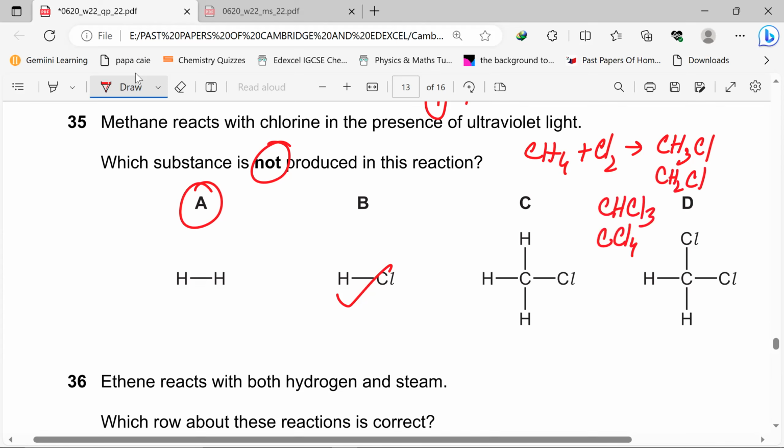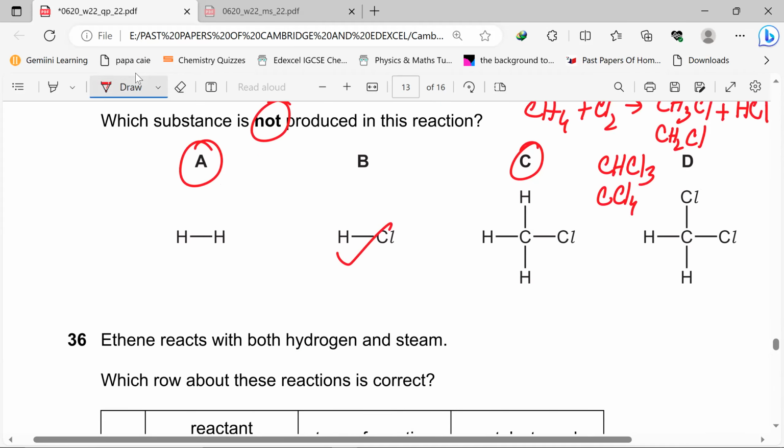All are possible. All the hydrogens can be replaced by chlorine, and with all of this, HCl is produced. So B, C and D can be produced, right? So which is not produced? Definitely A. Hydrogen is not produced in a substitution reaction involving methane or any other alkane and a halogen.